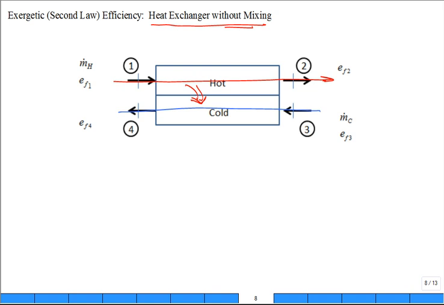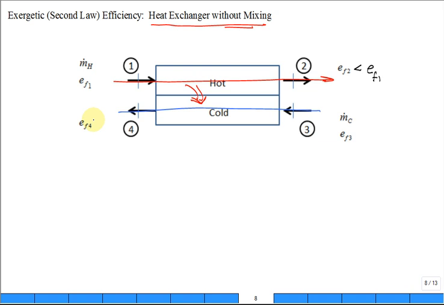And so thinking about exergy and the exergy associated with the fluid flowing, what you have is the outlet flow exergy of the hot fluid is going to be less than the inlet flow exergy of the hot fluid, right? Some energy went out of it. Its capacity to do work is lower.